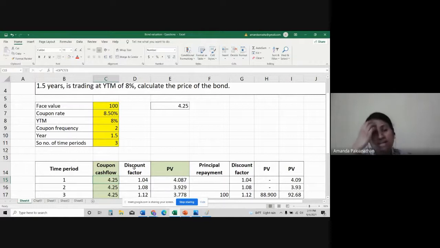Now required rate of return is given in annual terms. For a year it is 8%. Now my cash flow is only for 6 months. Is it okay if I discount it by an annual percentage? No. I need to adjust my annual percentage as well. So for a year, if it is 8%, for 6 months, my required return is going to be 4%.